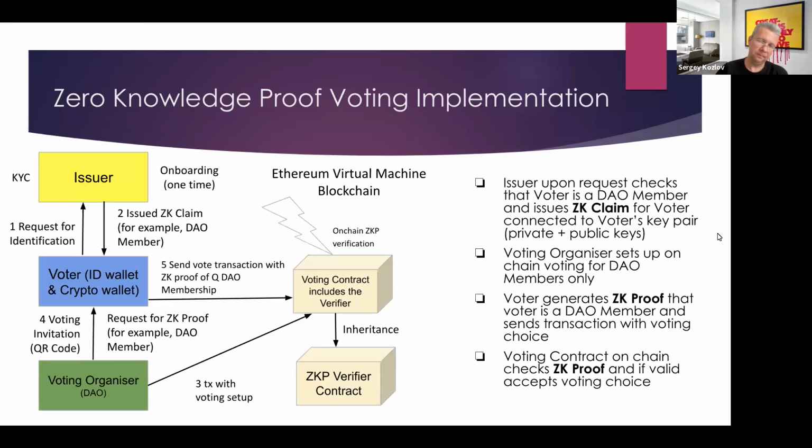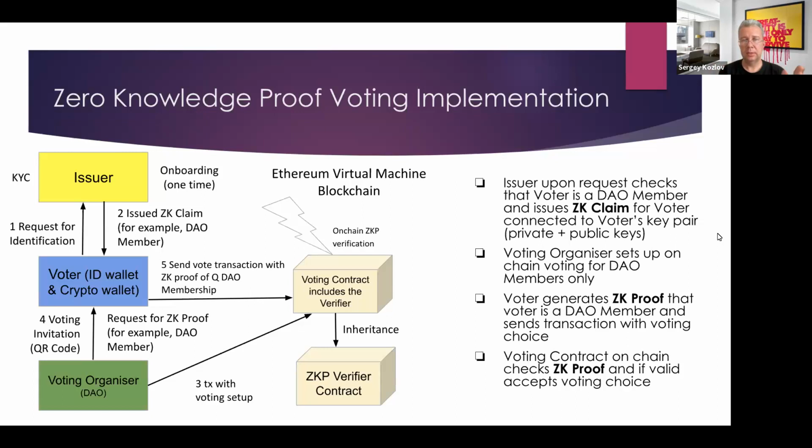Then our voting smart contract checks our proof, and if we are a DAO member, it accepts our vote. So everything is clear: if we are not a DAO member, we will not be able to vote.